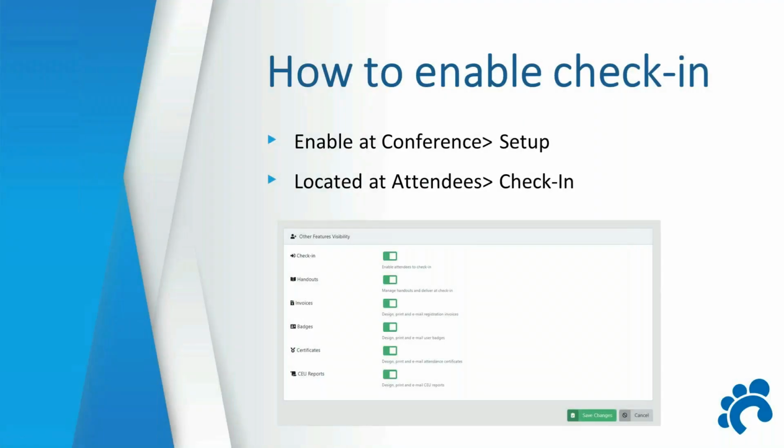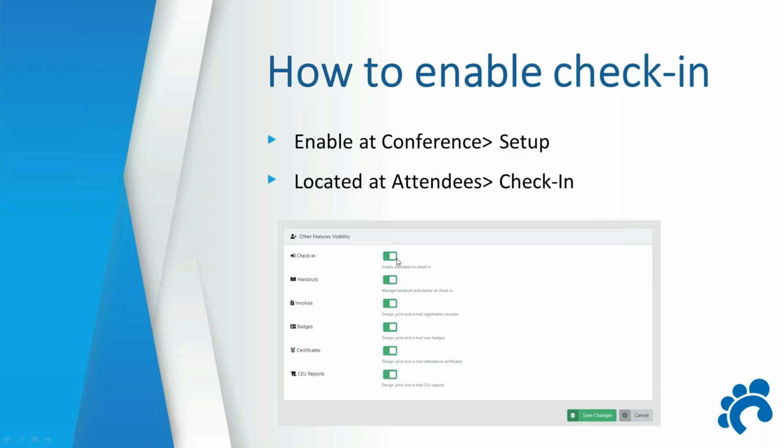Now, I'll just go over how you enable check-in. If you're familiar with Conference Tracker, and you're signed in as an administrator, you simply go to Conference, click on Setup, and then there'll be a section where it says Check-in. Once you click there, you're going to scroll all the way down until you see the check-in option under the Conference Setup.